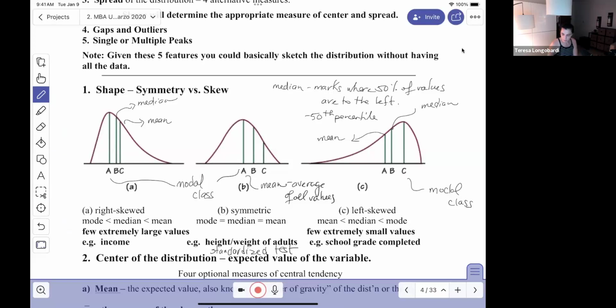So, yeah. So the mean is found in that class, and the median is found in here. Any questions?